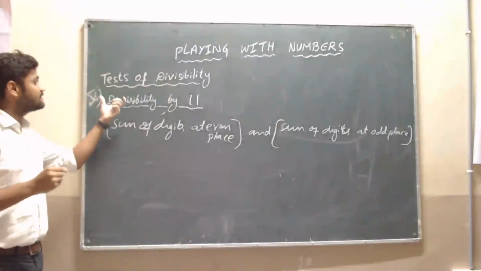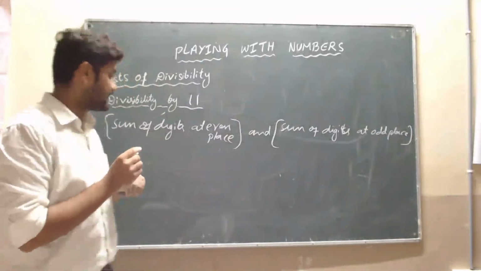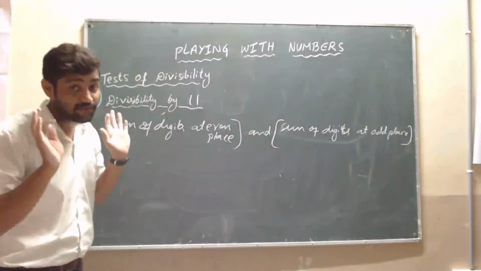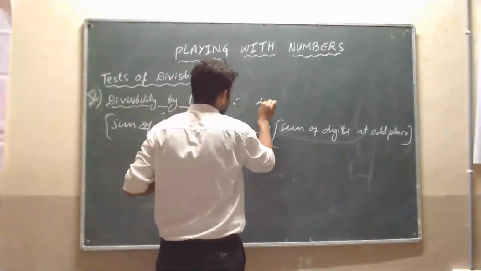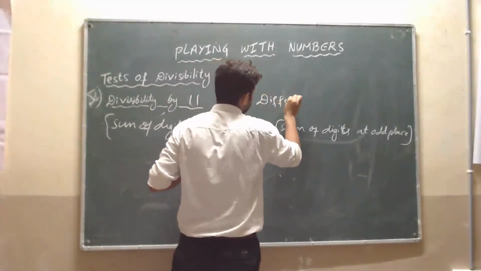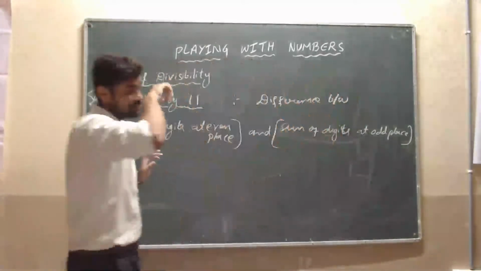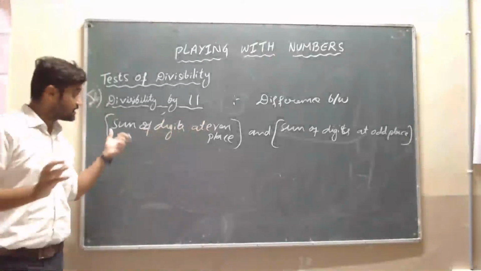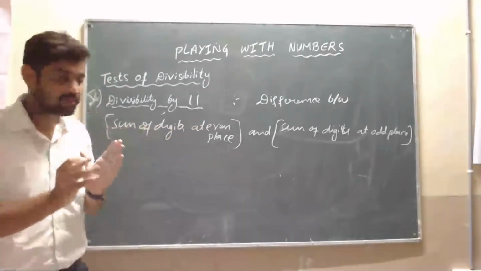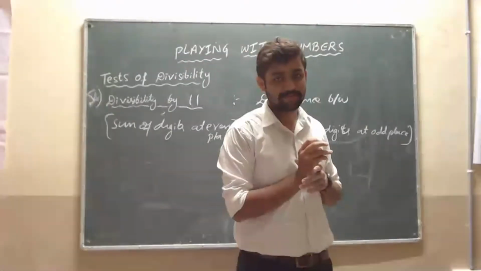Now we are checking about divisibility by 11. What is the trick? It is the difference between the sum of digits at even place and the sum of digits at odd place.